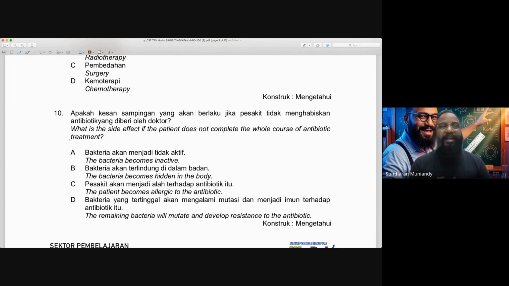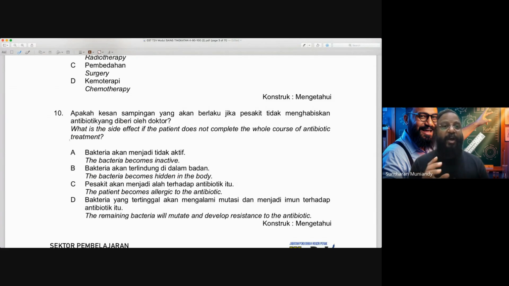Because bacteria are very smart. When they know they are being attacked by these antibiotics, they will mutate and become much stronger.